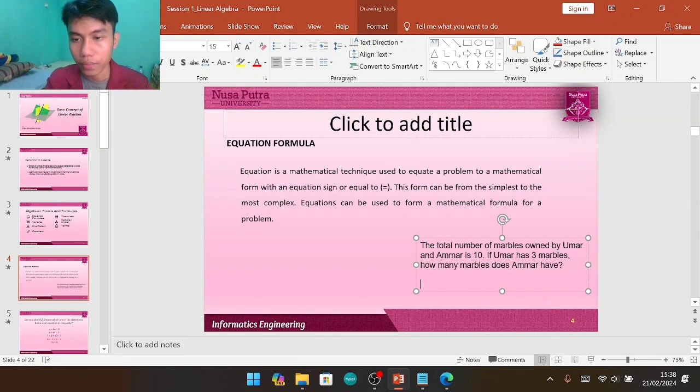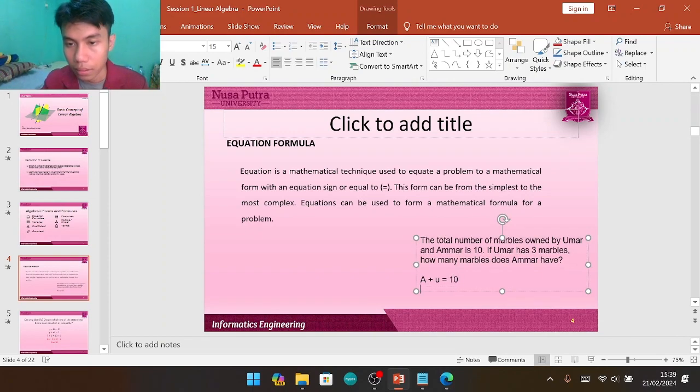The total number of marbles owned by Umar and Ammar is 10. If Umar has 3 marbles, how many marbles does Ammar have? So in algebra, Umar plus Ammar is 10.